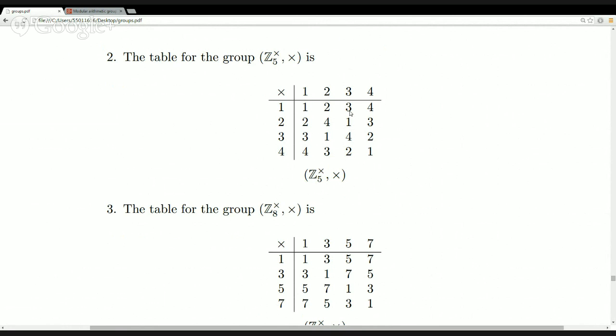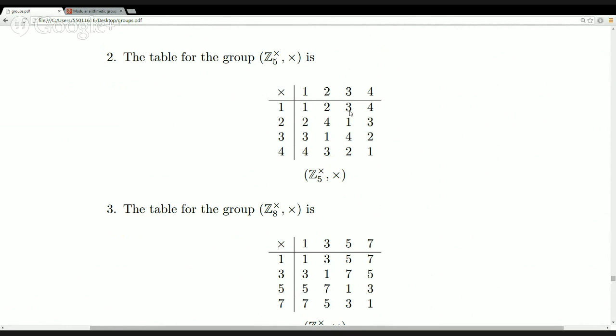What's 4 squared? In this group, 4 squared is 1. 4 cubed is going to be 4 times 1, which is 4. So 4 only generates the elements 1 and 4. It fails to generate the rest of the group. But Z5 is cyclic because it has these 2 generators.